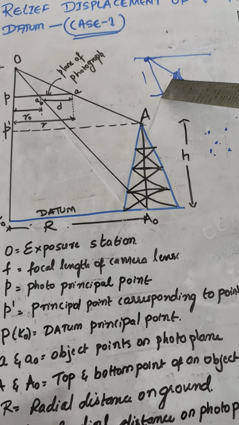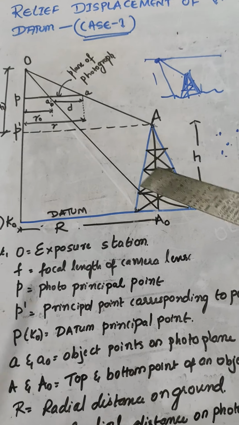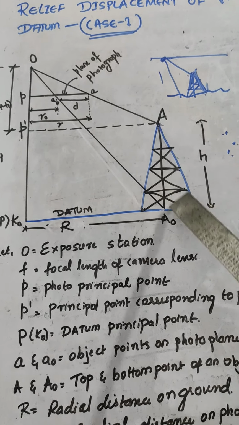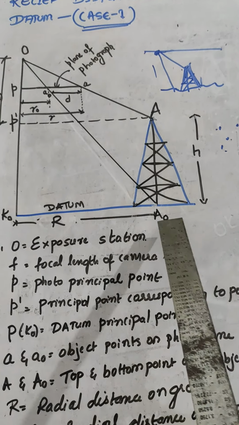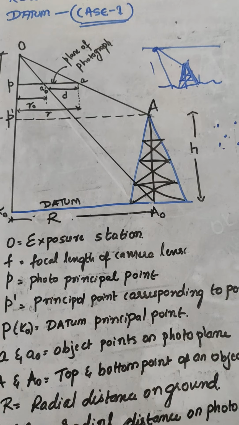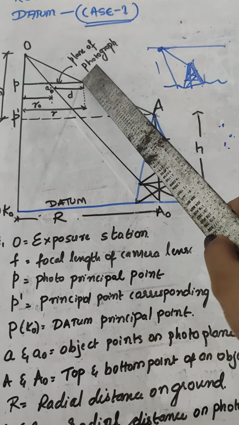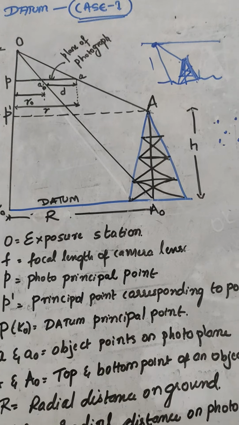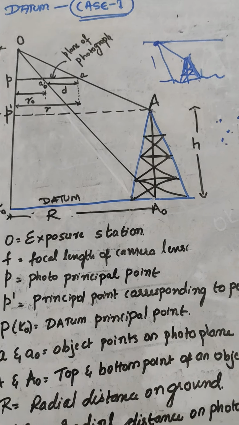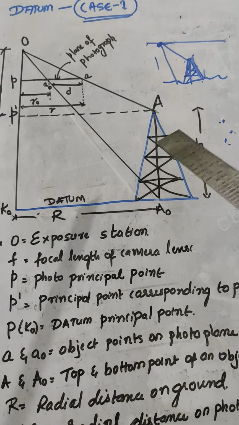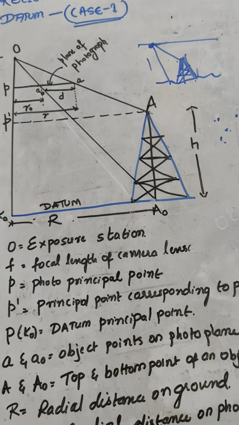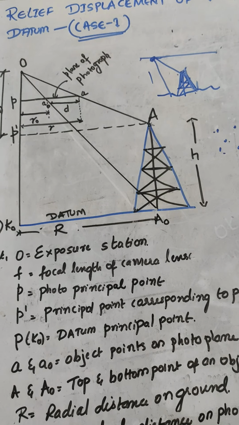You can see that this side is represented in the photo plane: the bottom is capital A0, represented on the photo plane as small a0, and the top is capital A, represented as small a in the photo plane. This is the displacement of points on the photo plane due to the presence of that elevation. This is the meaning of relief displacement.